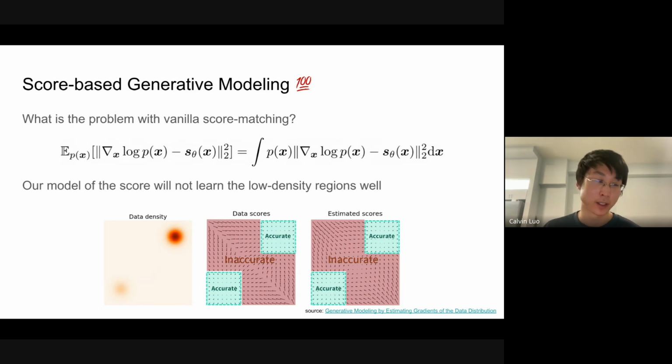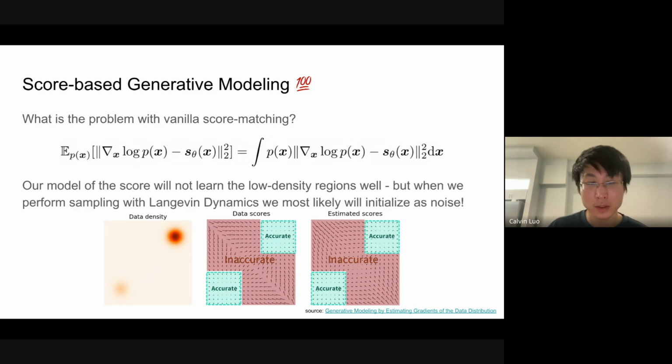So we don't really have good training signals for them. And even when we do have good training signals on them, because of our objective, our terms are scaled by p(x). And so it always has a high preference for things that have high likelihood anyways. And so naively with vanilla score matching, training with this objective, we will not actually learn low density regions well.